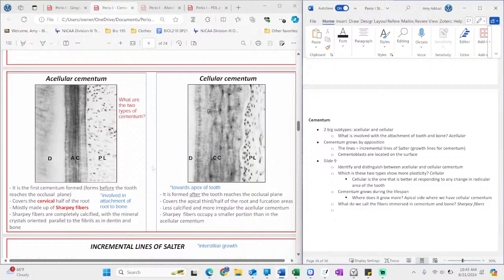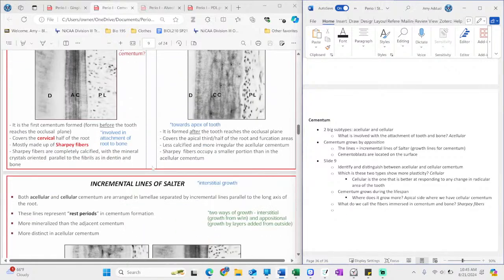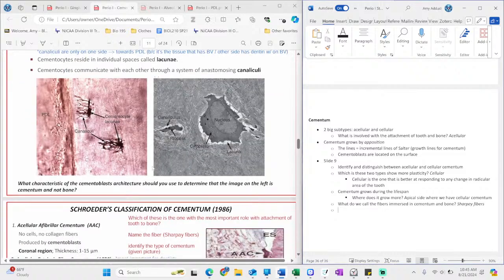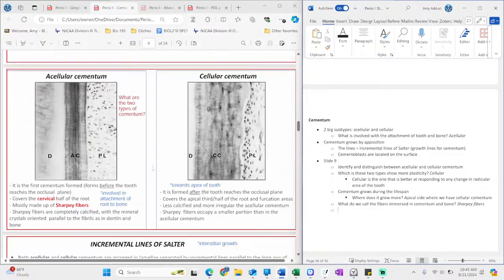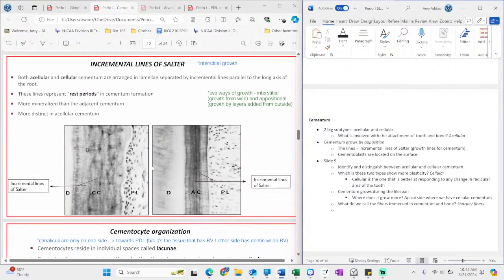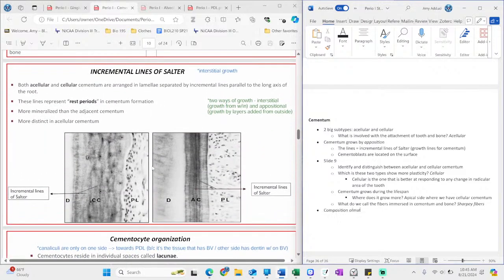Okay, regarding the composition of the matrix of cementum, cementum is the least, the most, or average regarding mineralization of the tooth tissues or the tissues in the oral cavity. It is the least mineralized.